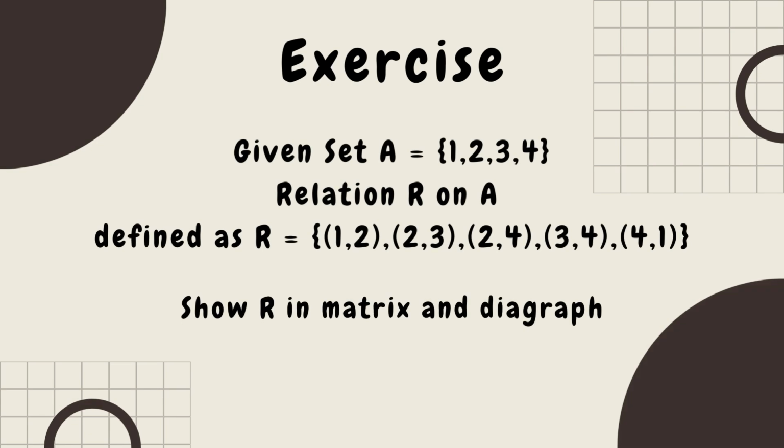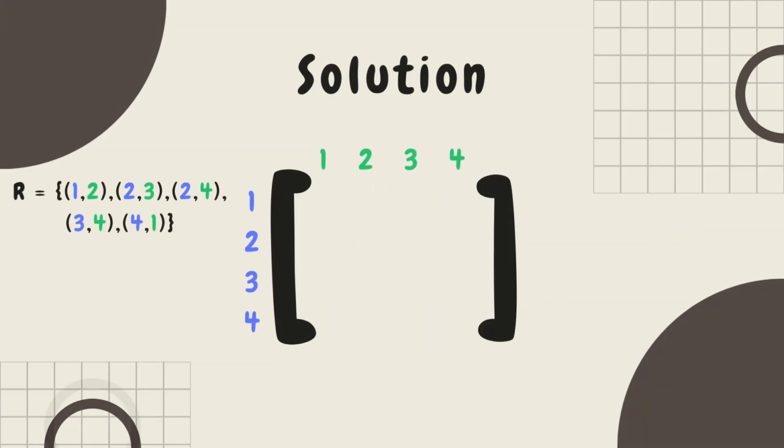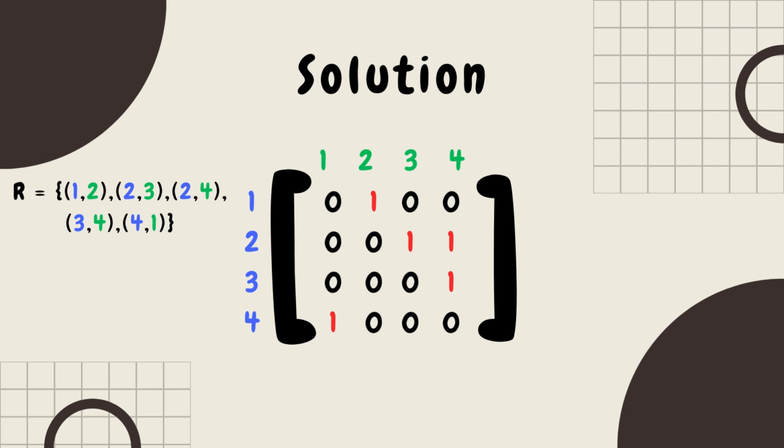Exercise. Given set A equals {1, 2, 3, 4}, relation R on A is defined as R = {(1,2), (2,3), (2,4), (3,4), (4,1)}. The matrix shown is a 4 times 4 binary matrix solution to the given problem. Each 1 represents a specific connection or condition that is satisfied from the relation, while each 0 indicates the absence of such condition.